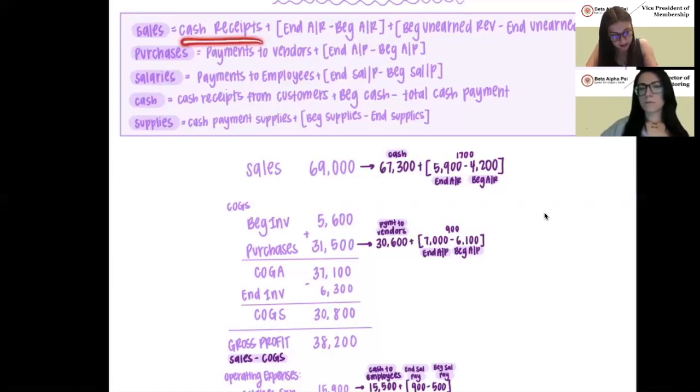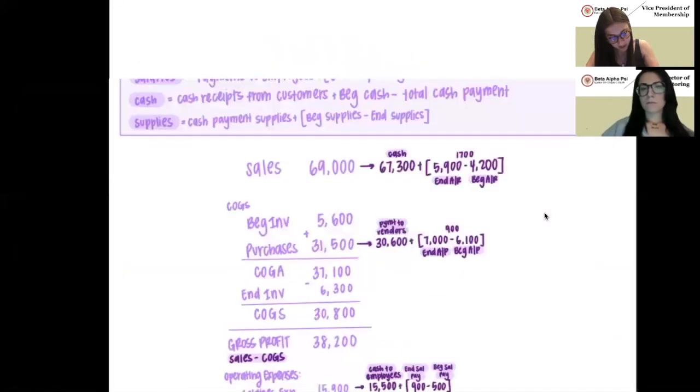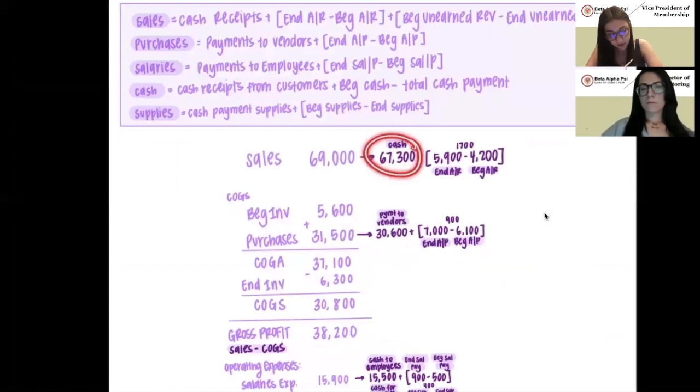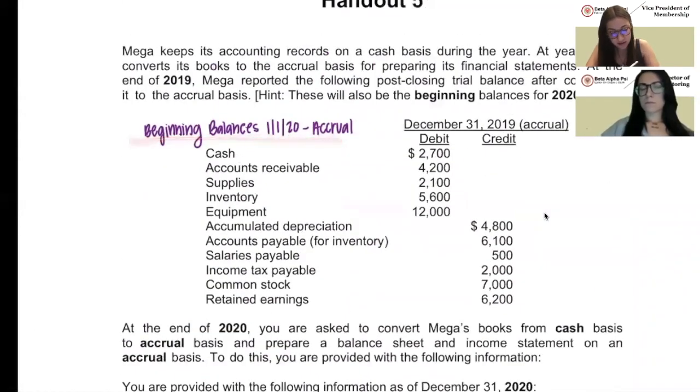So cash receipts. We have our cash receipts from customers, 67,300. So that's going to be that first number. Now we have our ending AR and our beginning AR. So our beginning AR comes from our beginning balances, which is going to be 4,200.